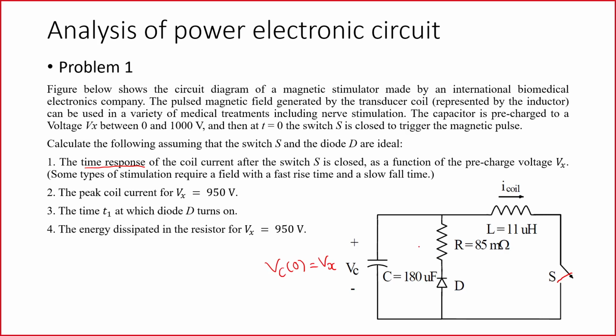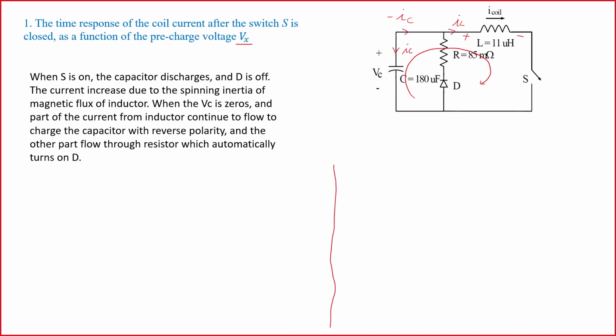So two weeks ago, you already derived the equation to describe this circuit when S is closed, right? Again, let me explain what happens when S is closed. S is on, the capacitor discharges, and the diode is off.